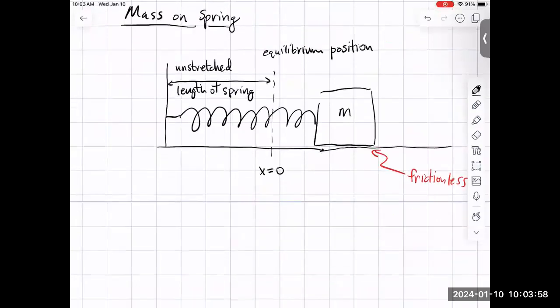Okay, so spring force. We probably all remember spring force from Hooke's law. Hooke's law says that as long as we don't stretch or compress the spring too much, and by too much I mean we don't want to permanently deform the spring, we want to allow it to come back to its original shape and length, then the spring force is minus k times x.